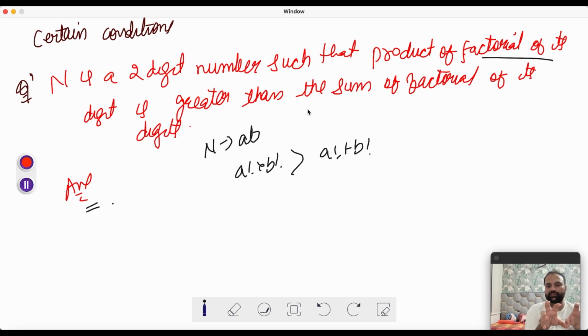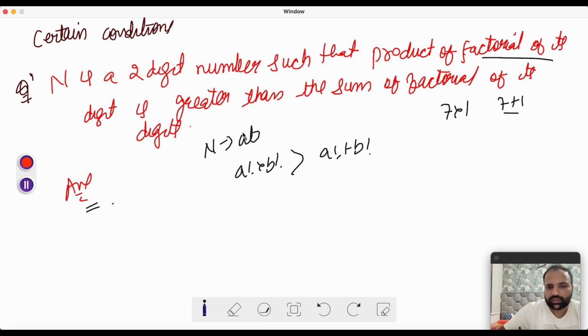Over here, we need multiplication to be higher. What is the general rule? If we do 7 into 1 and 7 plus 1, certainly 7 plus 1 is going to be higher. It is true for all the numbers. If you are multiplying with 1 and then adding 1, the addition will always be higher than the multiplication.